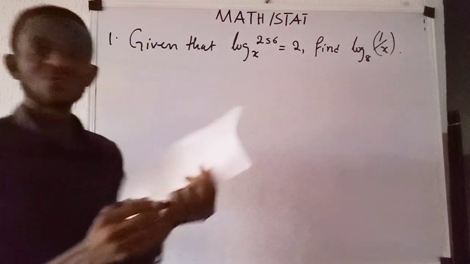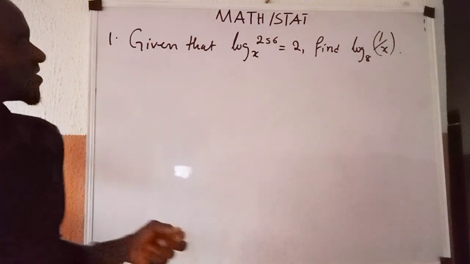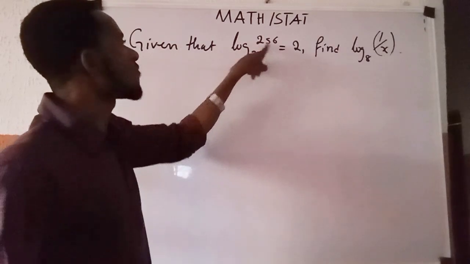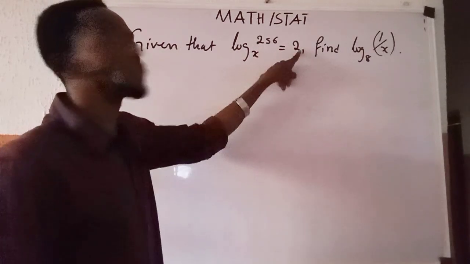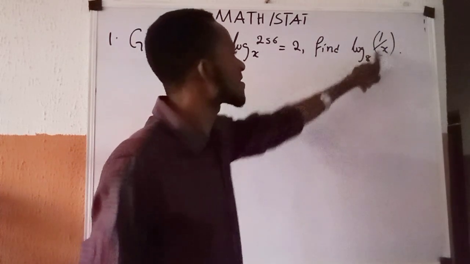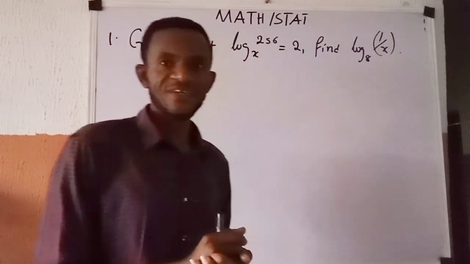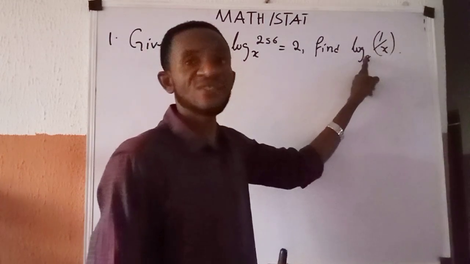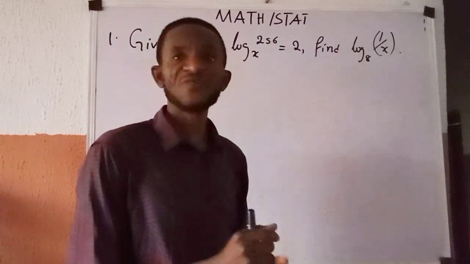Look at how the question came. The question says, and I read, given that log of 256 base x equals 2, find log 1 over x base 8. For us to be able to find this log 1 over x base 8, we must have known the value of x.